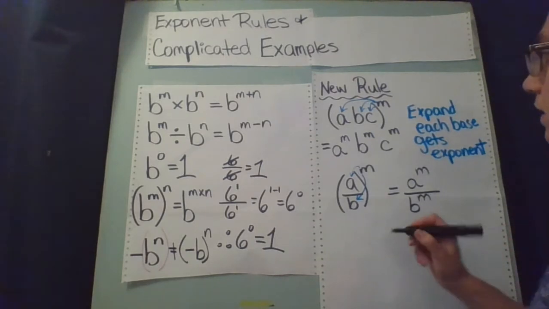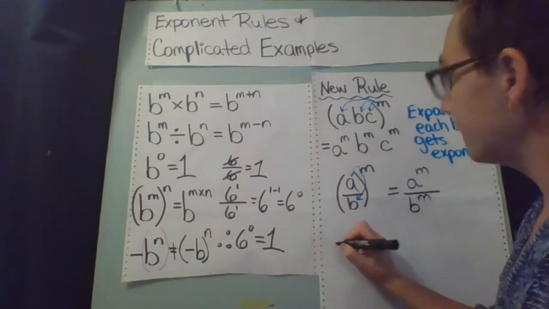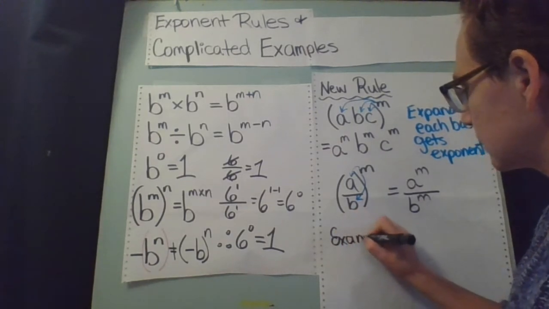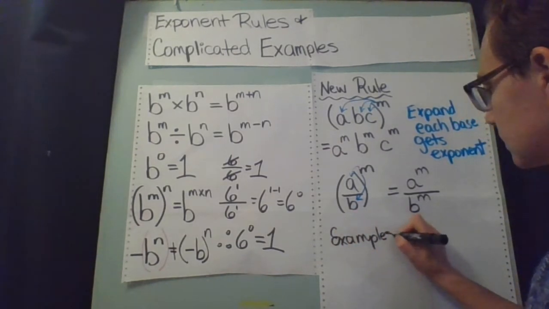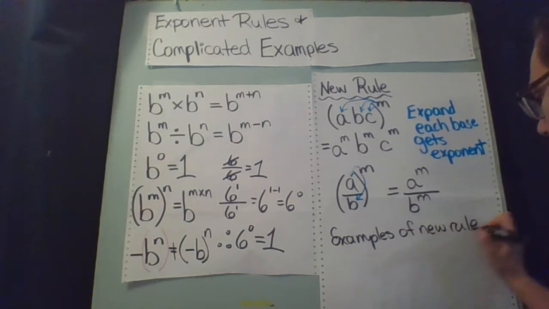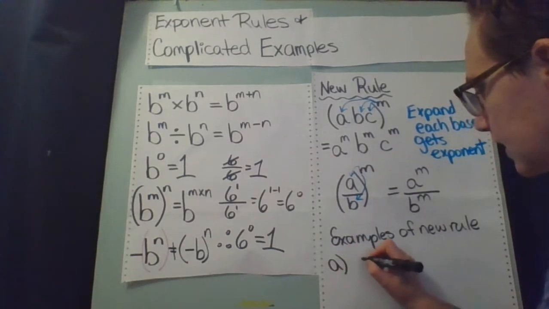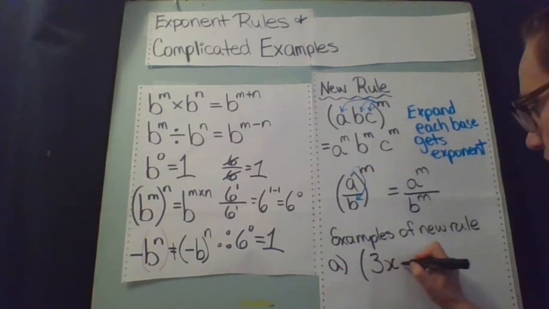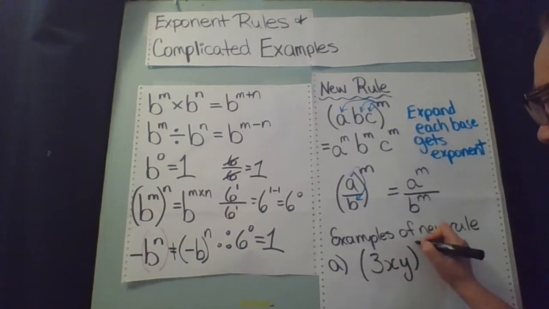Let's try. Examples of the new rule. So let's say I've got 3xy to the exponent 2.